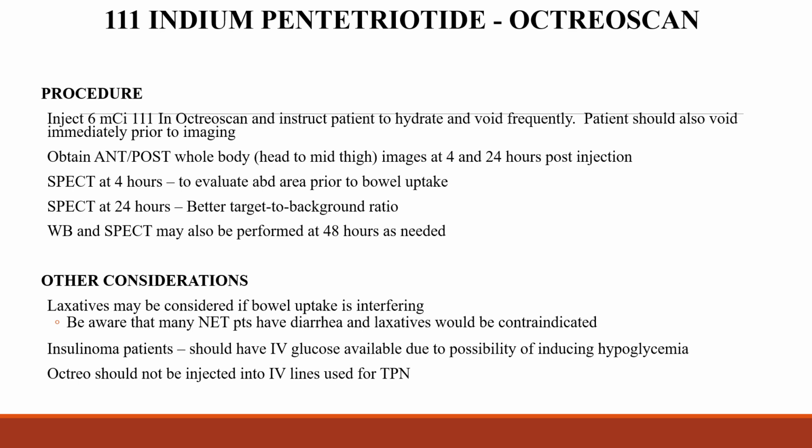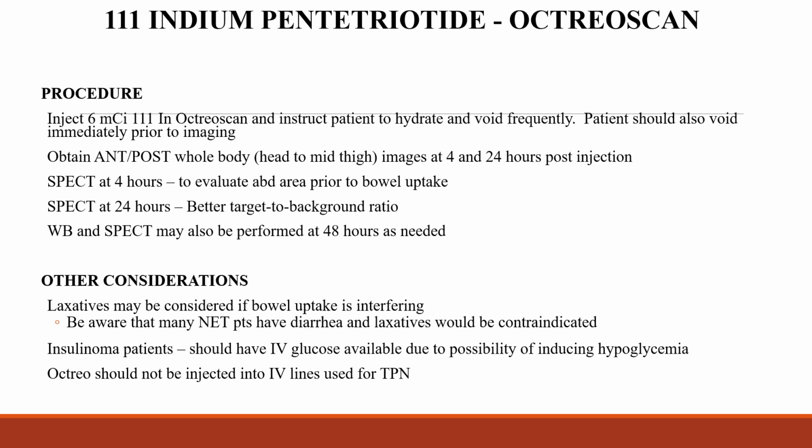Problem with that, couple problems. One is if you're looking for neuroendocrine tumors in the gut and they have bowel uptake and you give them laxatives, a harsh laxative will cause an inflammatory response, and that can interfere with the images.